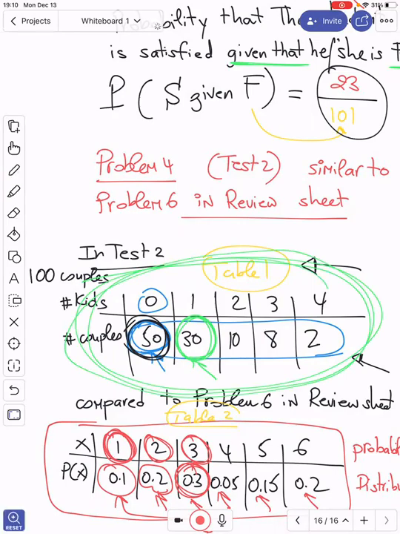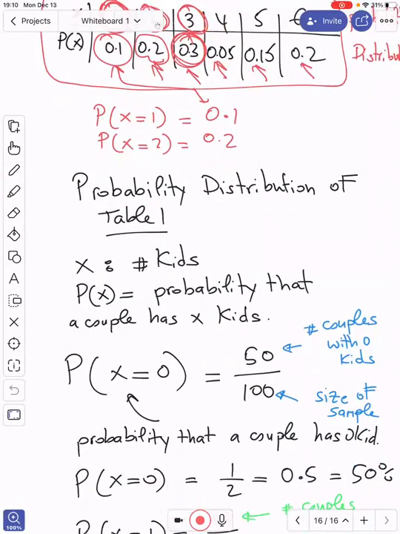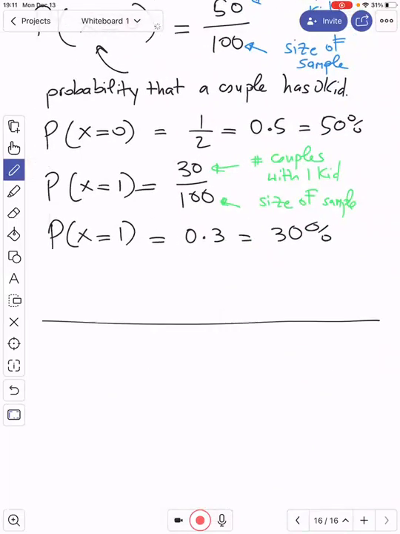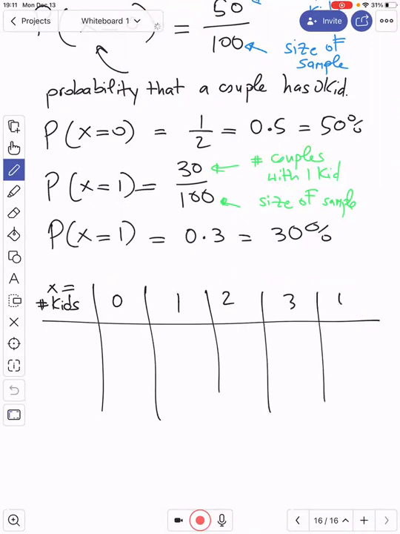Now the probability distribution would be: here's your X, the number of kids: 0, 1, 2, 3, 4. The probability that a couple selected at random has 0 kids is 50%, or 0.5.